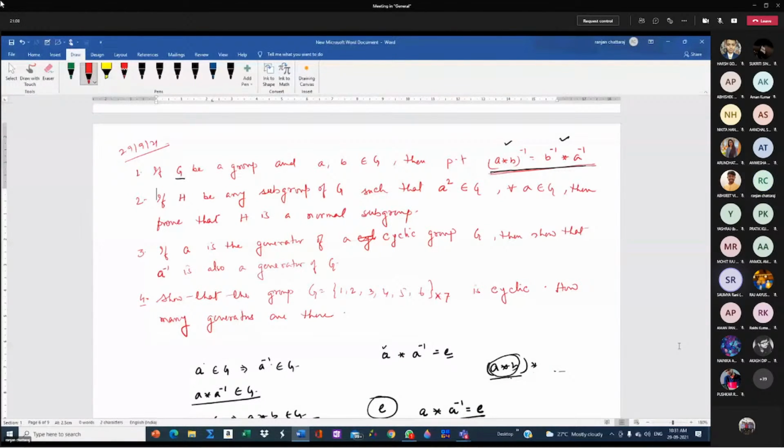Subgroup of an abelian group is a normal subgroup.